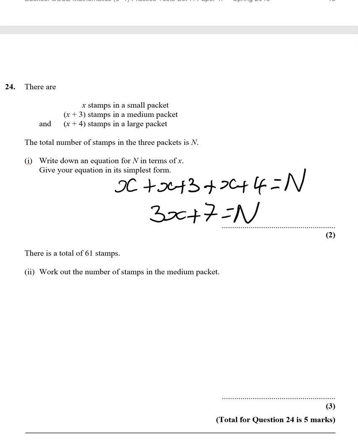Right, there are 61 stamps in total. Work out the number of stamps in the medium pack. Well, if we know N is 61, we can therefore solve our equation.